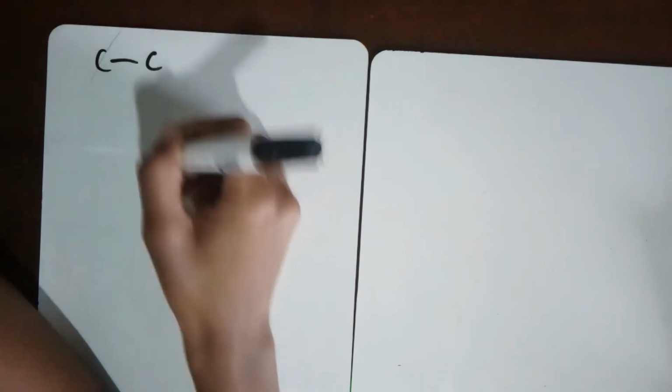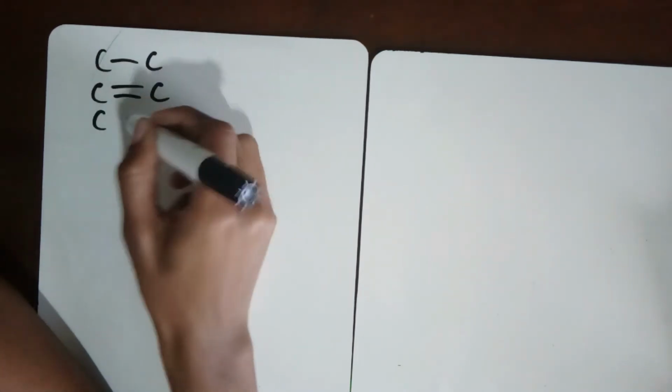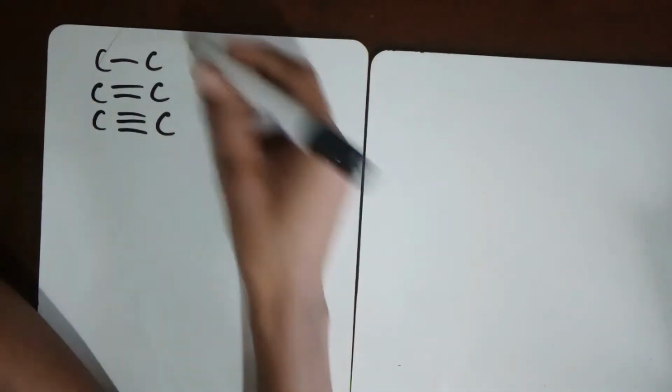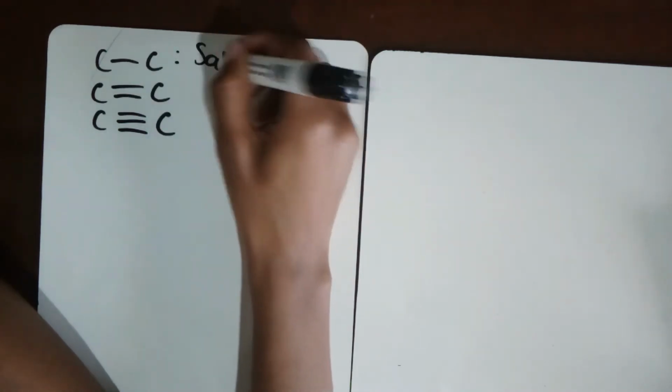All right. So I've mentioned that a carbon can form single bonds, double bonds, and triple bonds. There's another definition that you should be familiar with. When we talk about saturated compounds, when it forms single bonds between these carbon atoms, we say that it is saturated.